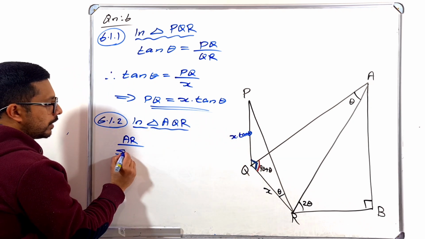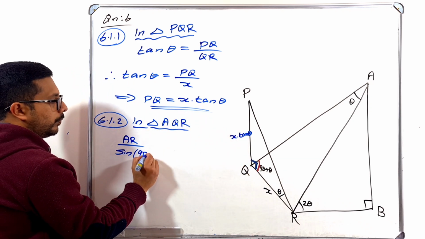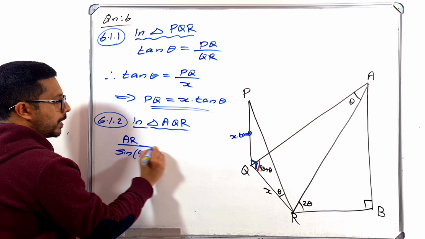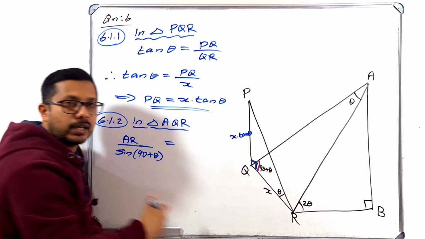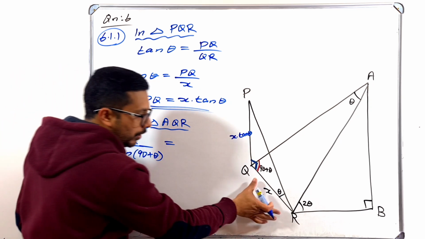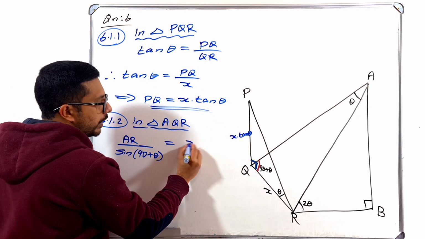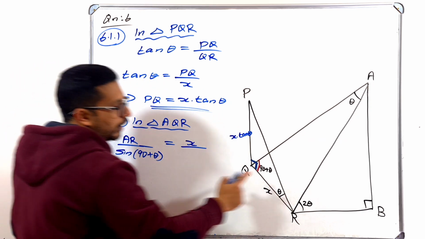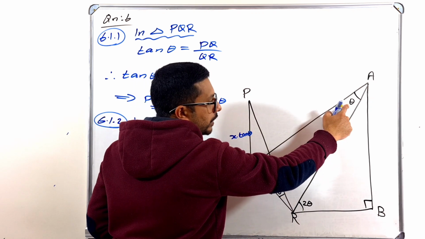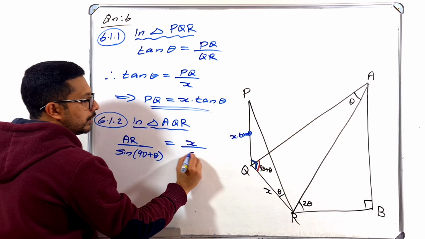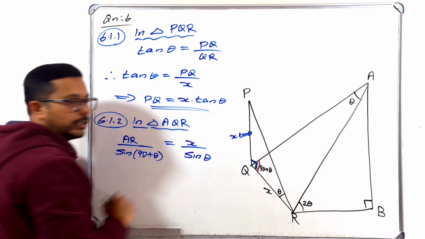So it is AR over sine of 90 plus theta is equal to, then I'm going to take x, because we want the answer in terms of x. So it is x divided by sine of the opposite angle of that x, which is theta. So it is sine theta.